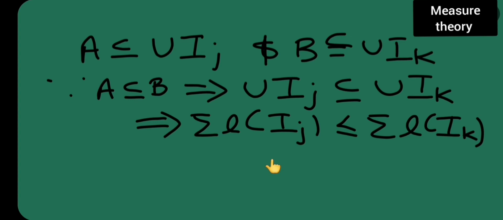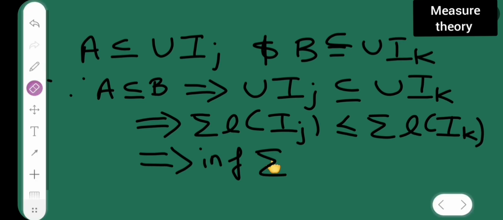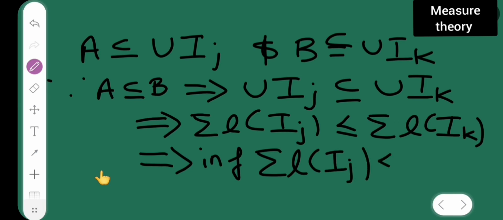And this implies, so taking infimum on both sides, the infimum of summation of length of Ij is less than or equal to the infimum of summation of length of Ik.